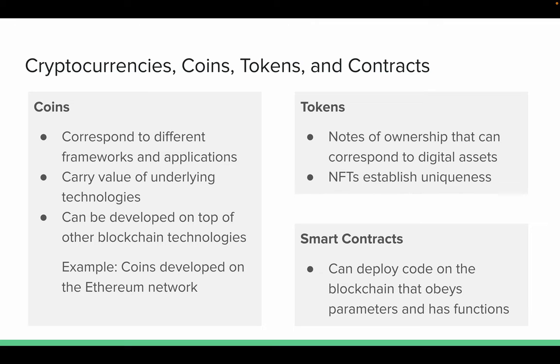One more type of digital asset is tokens. The most basic way to understand this is tokens are types of notes of ownership that can correspond to digital assets.